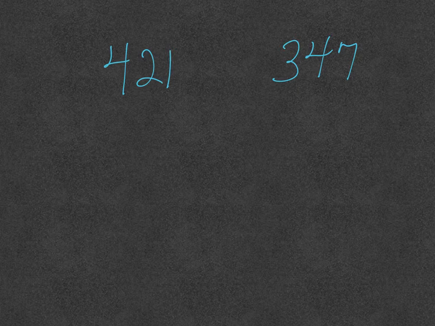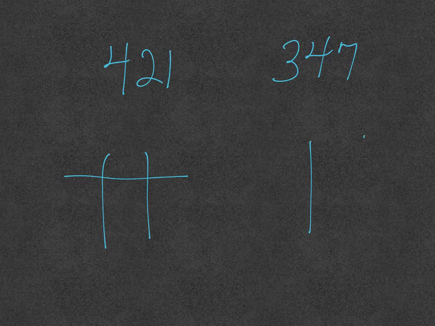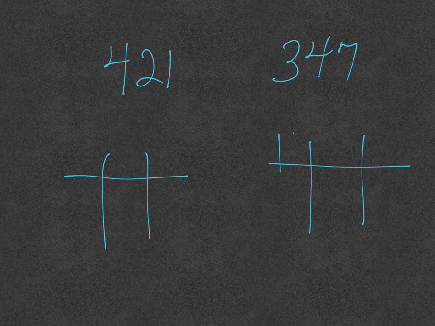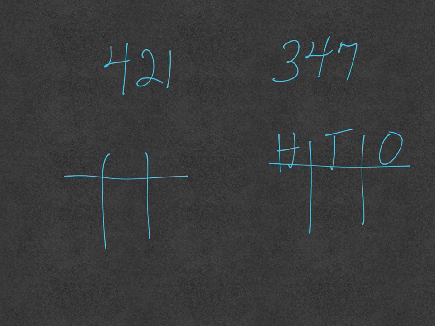So for comparison, we're going to start with the largest value. The place that has the largest value is the one in the hundreds place, because that is our biggest part of the number. That's the digit with the biggest value.